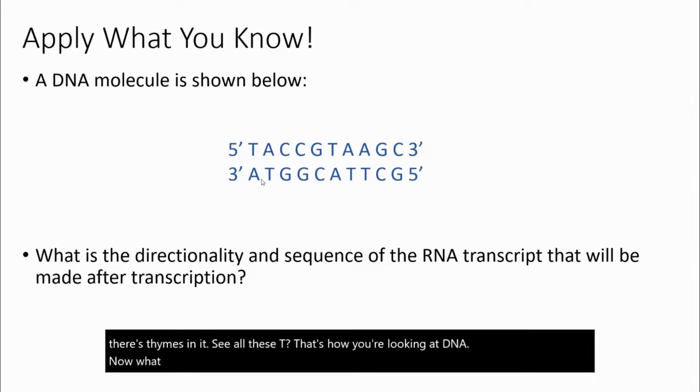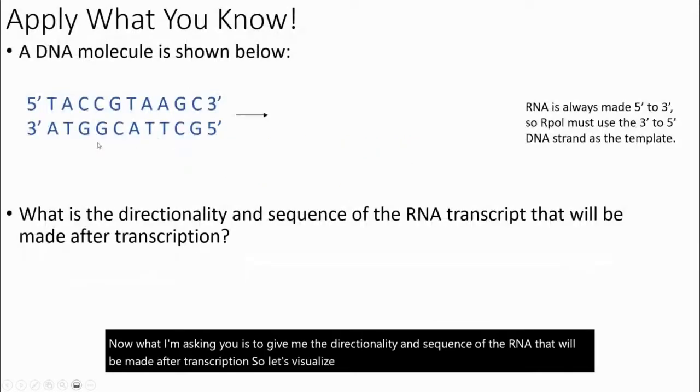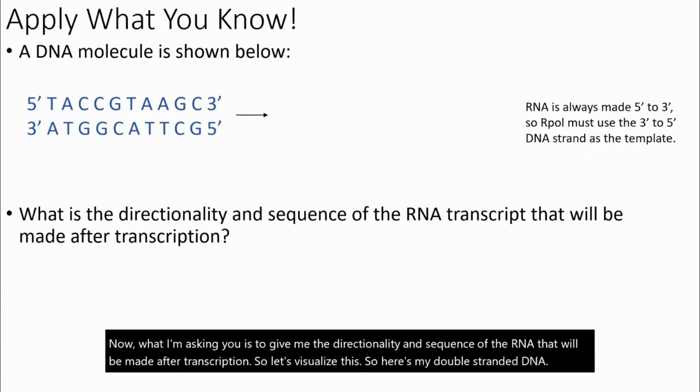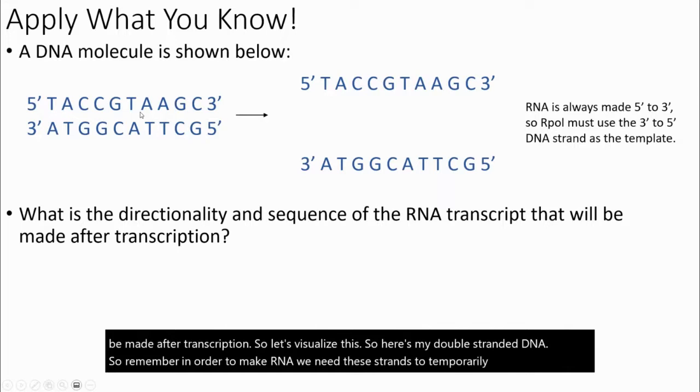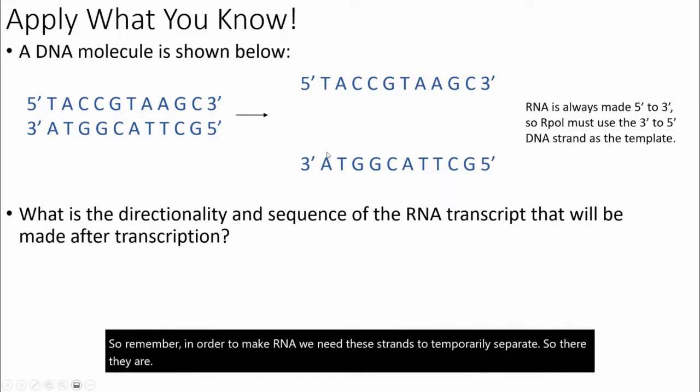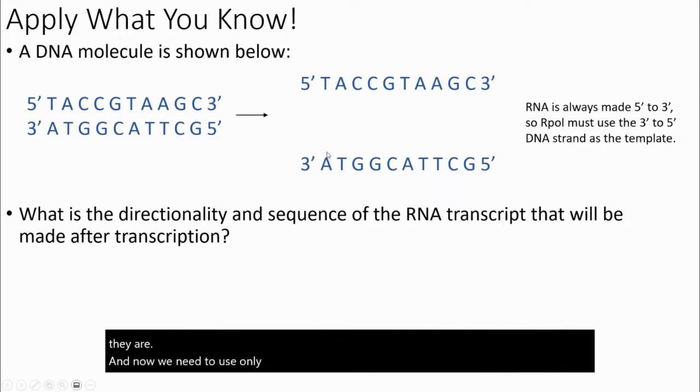Now what I'm asking you is to give me the directionality and sequence of the RNA that will be made after transcription. So let's visualize this. So here's my double-stranded DNA. Remember, in order to make RNA, we need these strands to temporarily separate. So there they are. And now we need to use only one of these strands as a template because RNA is single-stranded.